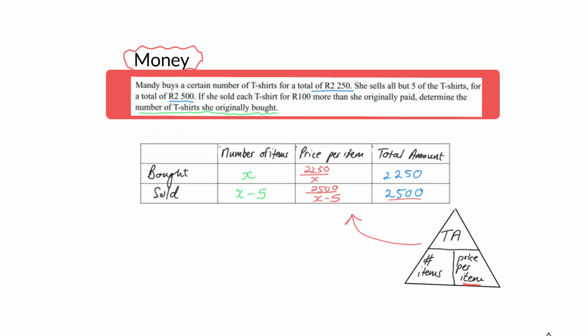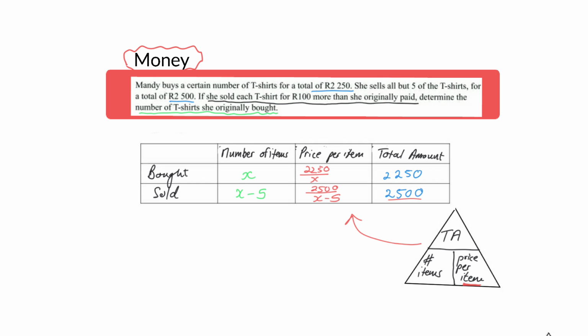Now if you did everything correctly, there will be one fact left that you can use for your equation, which is the fact we haven't used yet. It is the fact that she sold each t-shirt for 100 rand more than she originally paid. And that sentence is my equation.